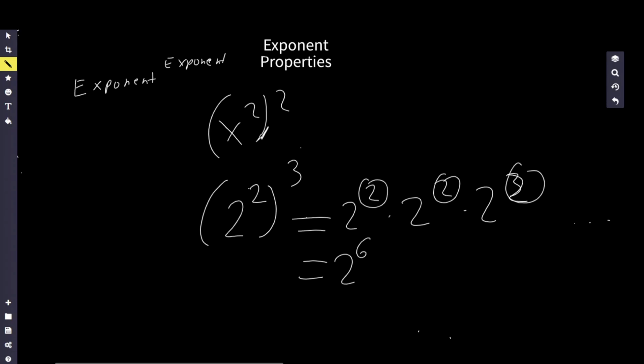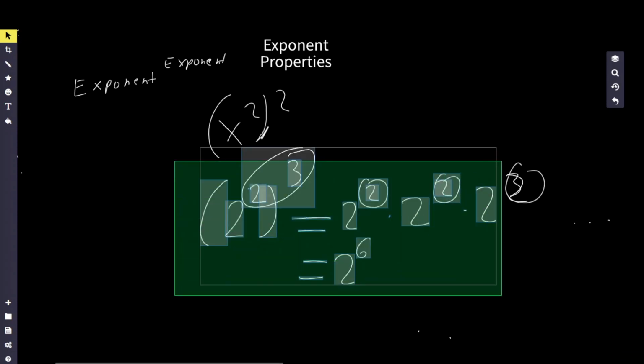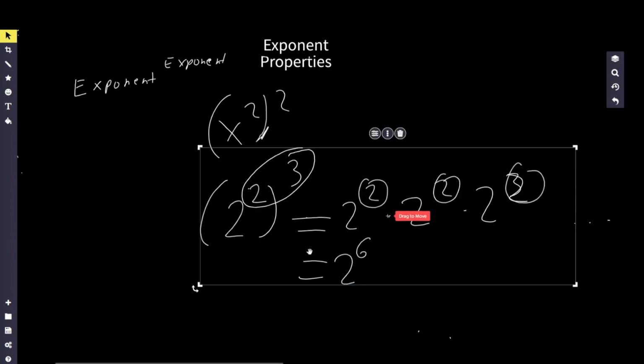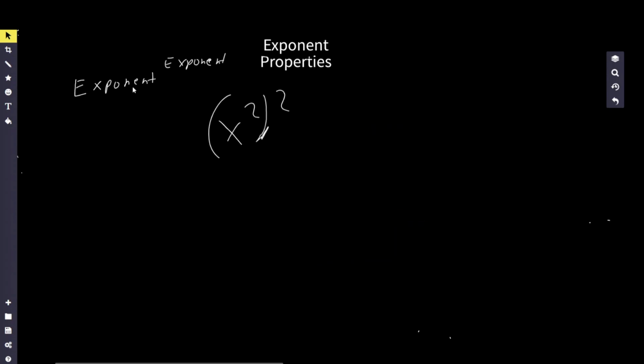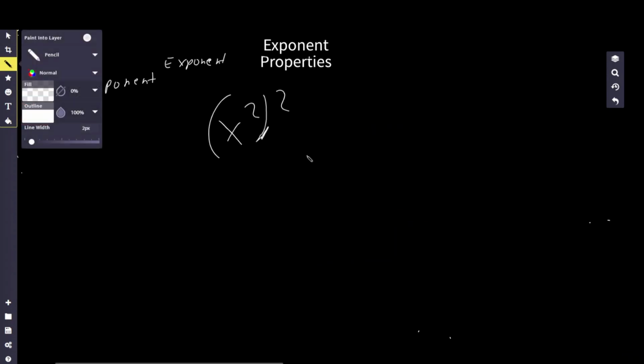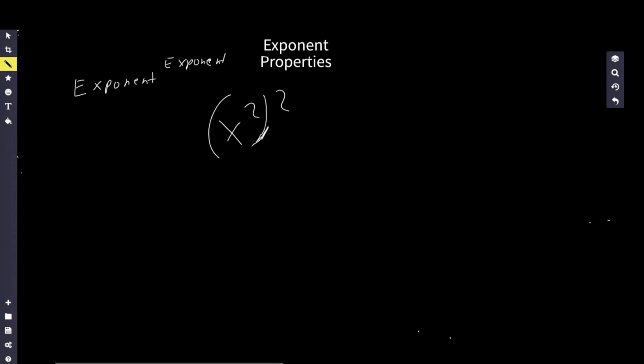Now you might recognize that 2 times 3 is also 6. Let's see if we can establish a connection between multiplying the 2 exponents and the actual answer. Okay, so let's just move on to a bit more general. This isn't completely generalized because they're still constant terms, but this is just a bit more general. x squared squared.